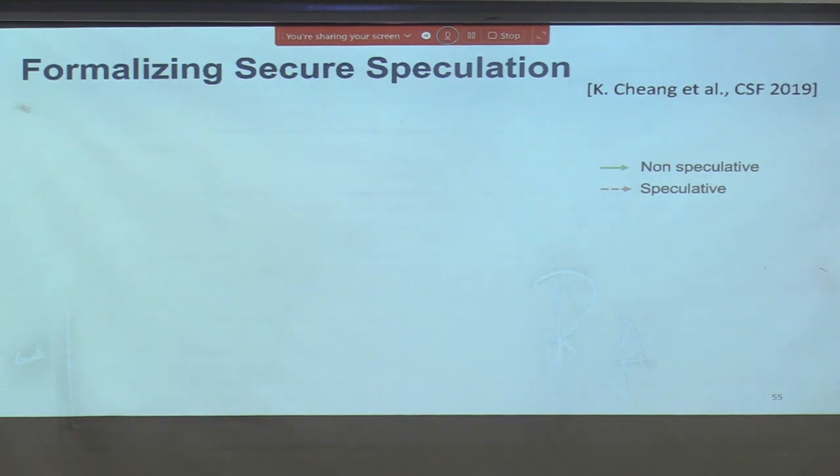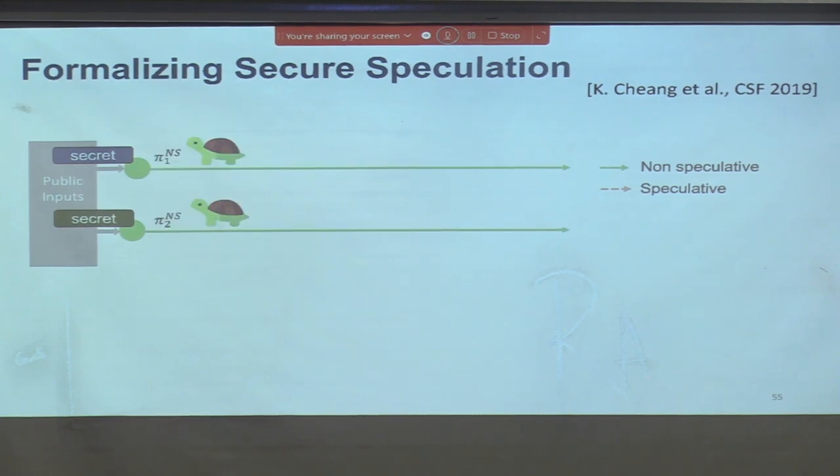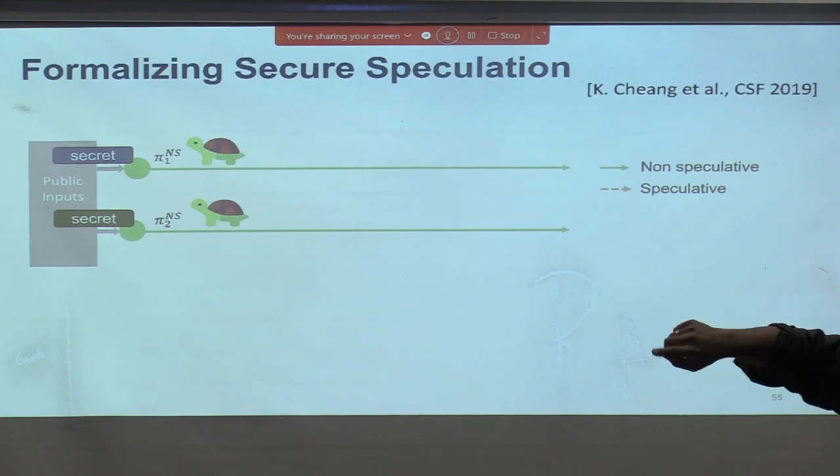Okay. Now, what we did in this paper was we formalized secure speculation as a generalization of observational determinism in the following way. So we look at the first two traces, which are these green traces, which are non-speculative traces. Imagine you had a processor and you turned off speculative execution, right? So then you get these green traces, but they still are similar to the previous slide.